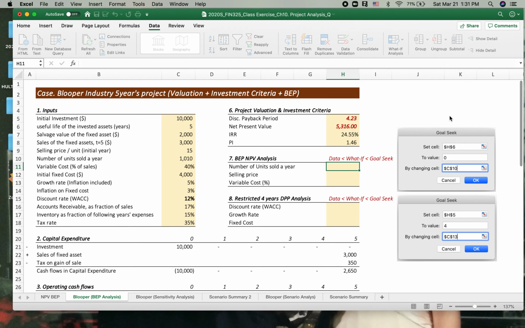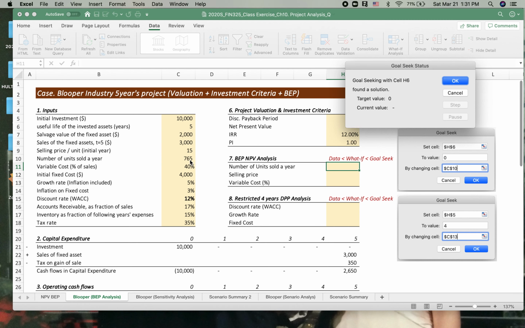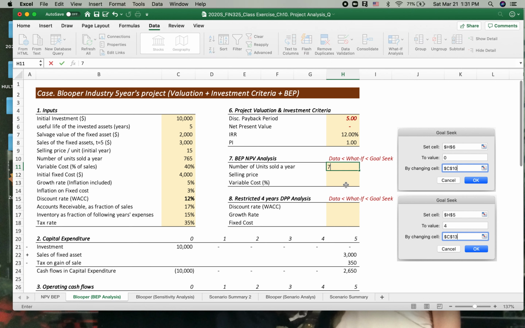Now just click. Then you can see this 765. Okay, I got it. 675 is the number of units sold a year, then the NPV is equal to 0. So let's come back to $1,000 to start another analysis.